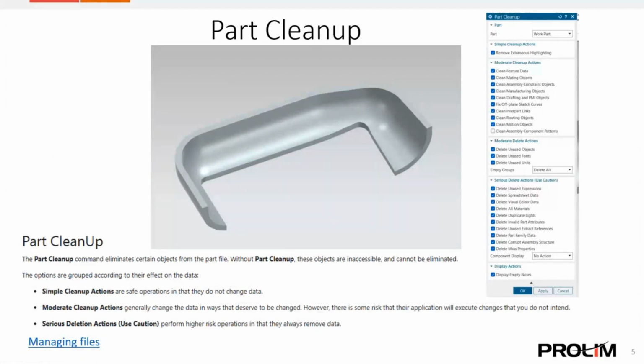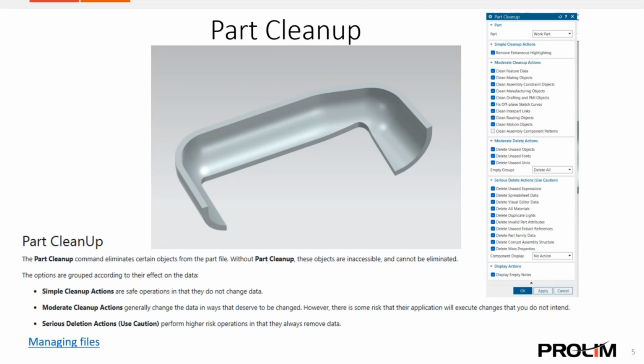A lot of times, if you're using part family, maybe you have unused attributes in the background. A lot of this stuff you don't see because you just see the solid model. This helps clean up stuff in the background, but as I stated, you'll want to watch it because it does make changes that could affect your model.